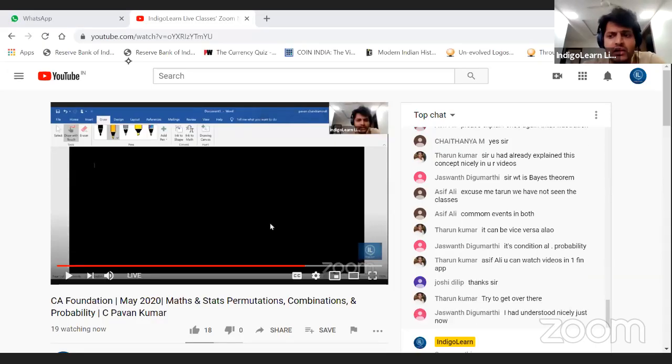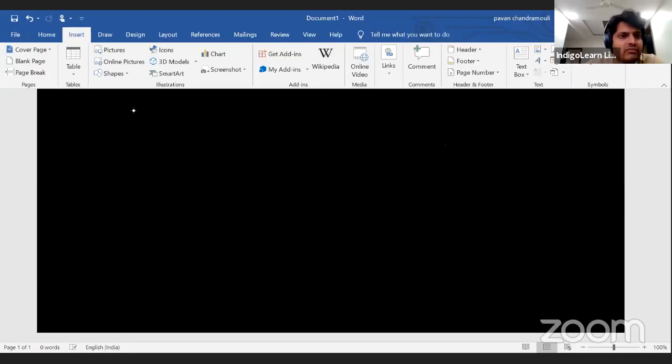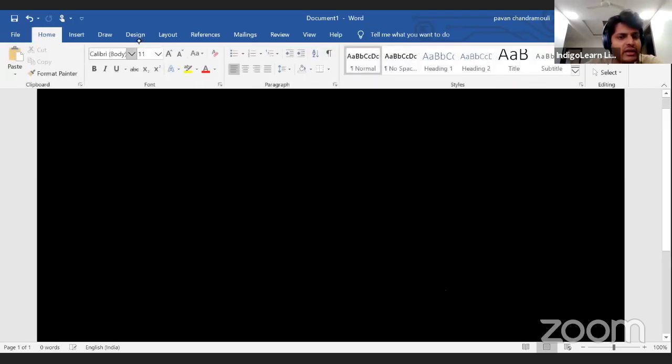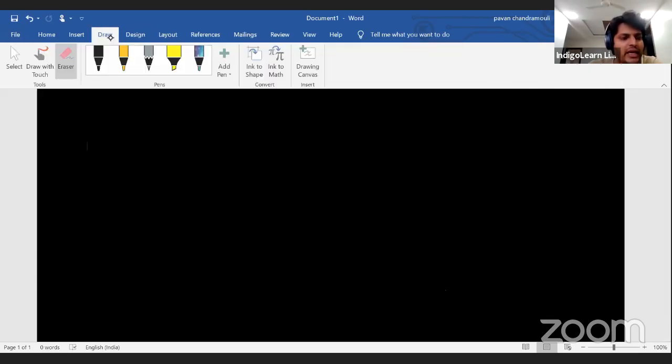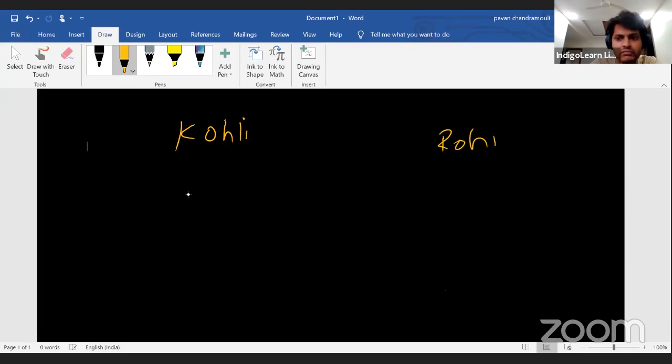So let us assume that we are in a final of a major cricketing tournament, and we have two popular players who are trying to make it big on this occasion. So let's assume they are Kohli and Rohit. So these are the two cricketers that I'm explaining now.